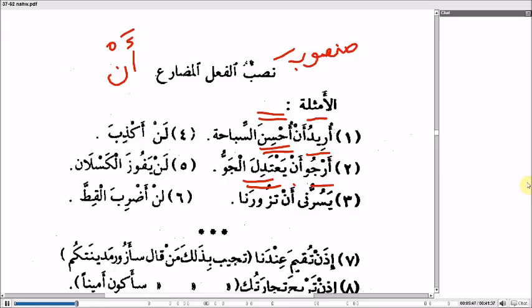But if I say and then a verb, I say أقول an... I can't think of anything right now. But an is a connector between two verbs. And the verb that follows an is going to be mansub. But a sentence is not going to start with an, right? But it's going to be a connector between two verbs.